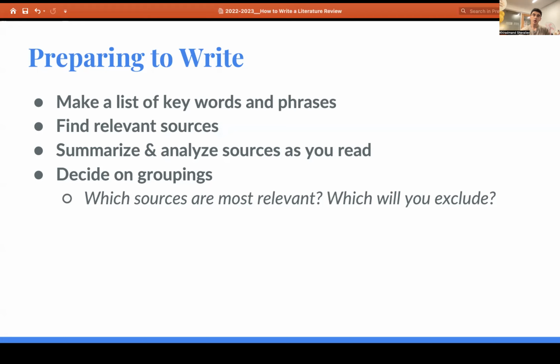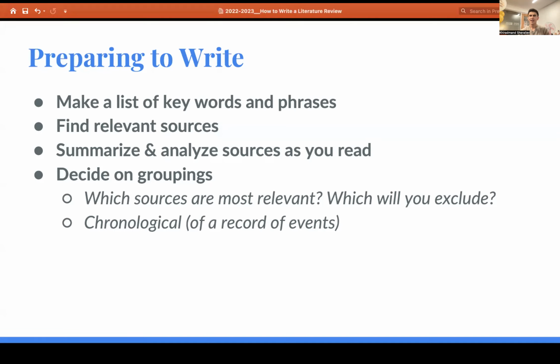And you can also take into account chronology, right? For example, if studies on your topic have been changing over time, then you need to make a record of events, right?